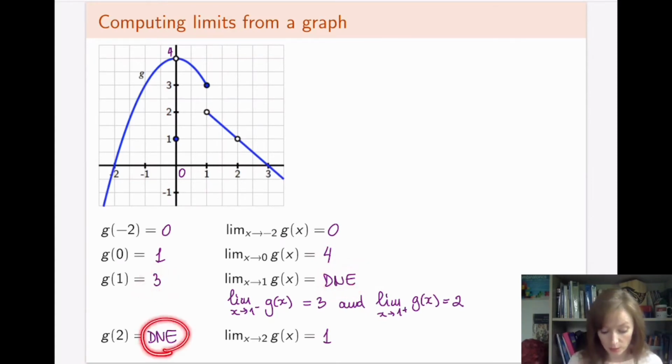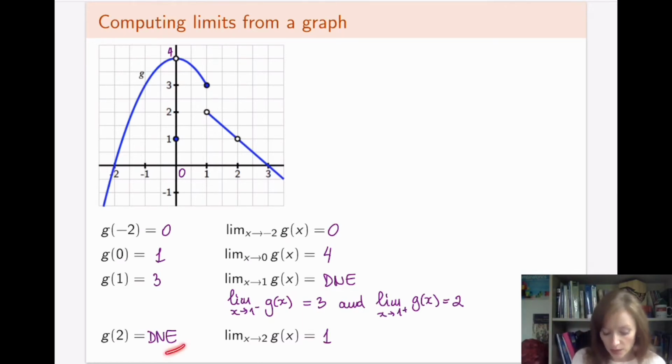And the final one, the function value doesn't exist, but the limit does, which means all combinations can actually occur. So just because you know the value of a function at a point does not mean that the limit is the same. It doesn't even mean that it exists. So be very careful. If you're asked to compute it, you actually have to compute each and every case.